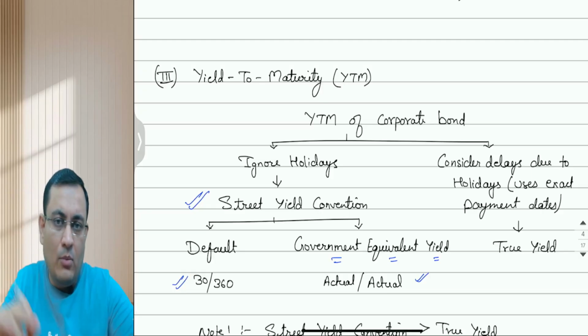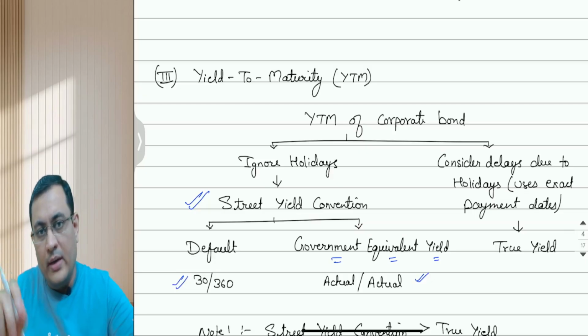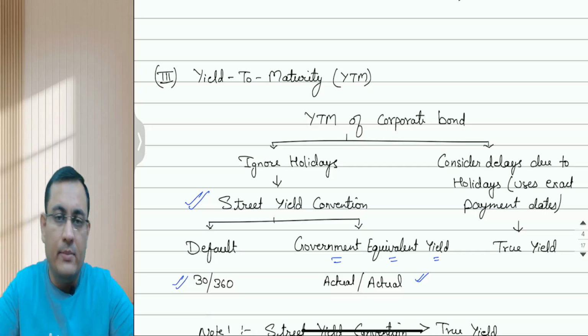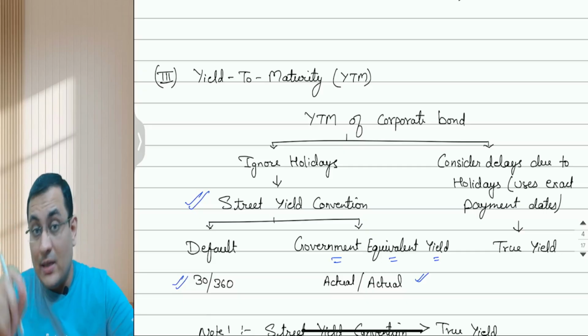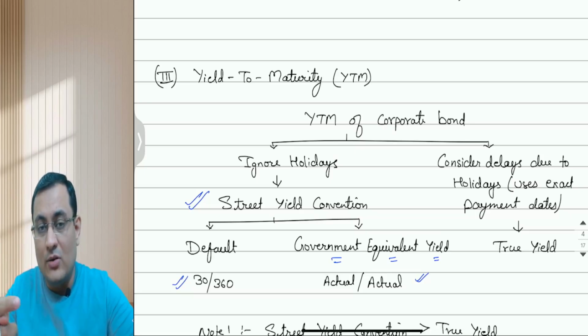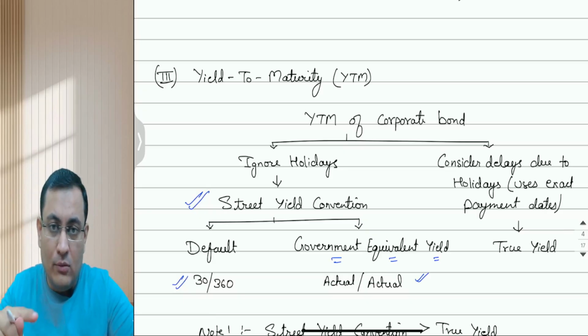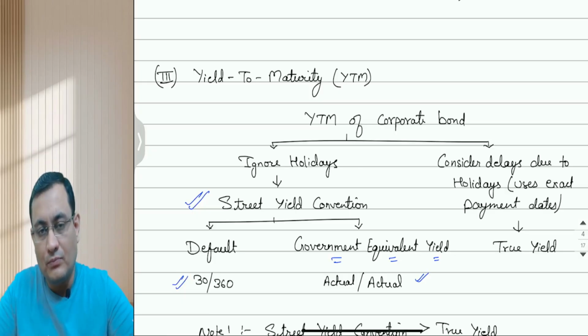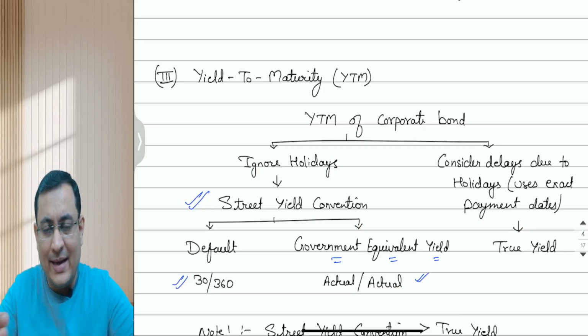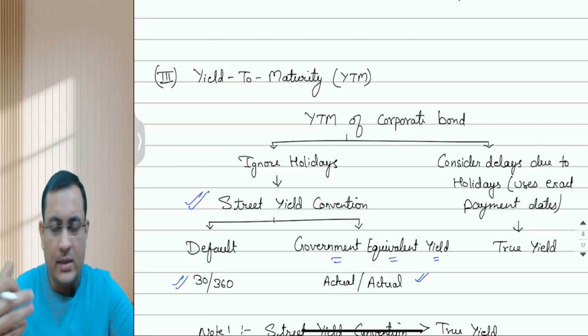What is semi-annual bond equivalent yield? When the annualized YTM of a bond is converted on a semi-annual periodicity basis, it is called semi-annual bond equivalent yield. But when you are using a day convention of actual upon actual for discounting, it is called government equivalent yield.